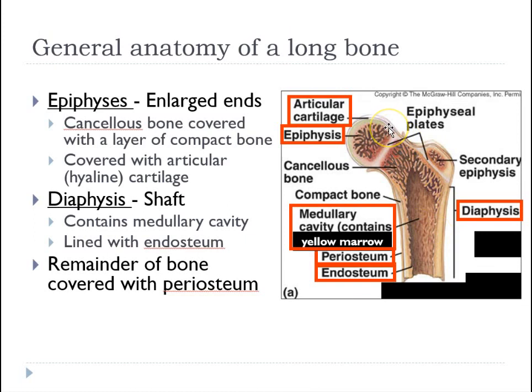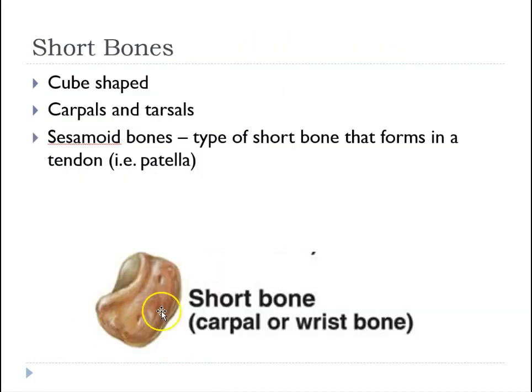And then finally we have the ends, which are called the epiphyses. And those are basically the large ends, and they're covered with different layers of compact bone to give them strength and let them move around. The remainder of the bone is covered by the periosteum. So we have little areas of the endosteum, and then the periosteum is going to be on the outside.